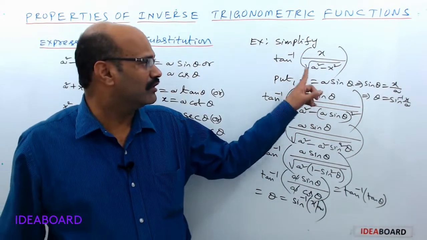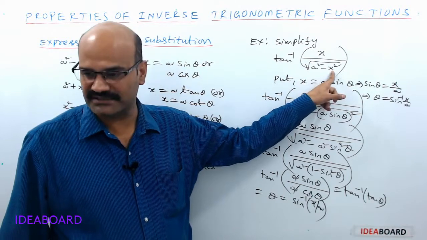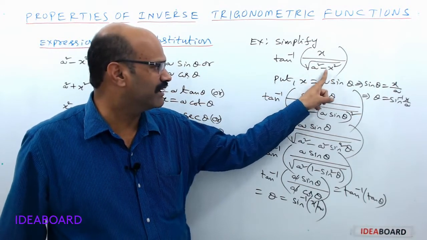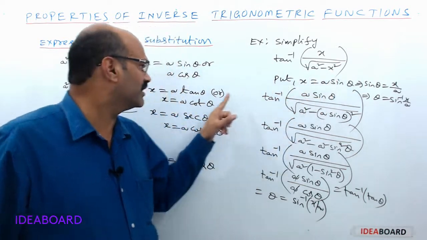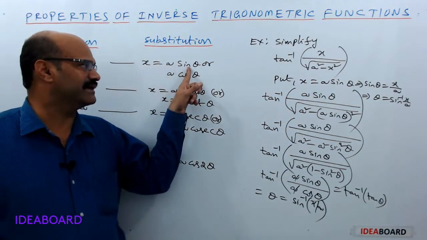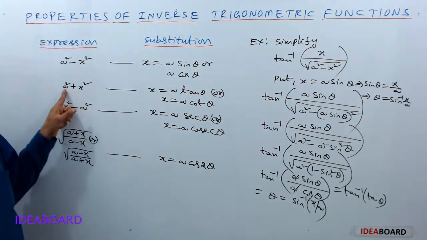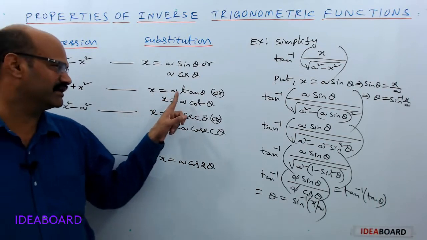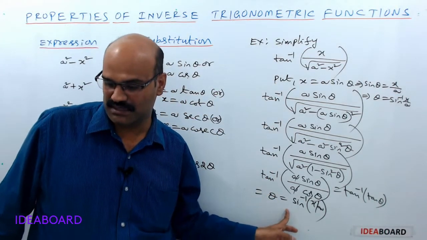So, whenever you want to simplify tan inverse of x by root of a square minus x square, here we have to identify we have a square minus x square. Whenever we have a square minus x square, we have to take x equal to a sin theta or a cos theta. Whenever you have a square plus x square, you have to take x equal to a tan theta or a cot theta, then we have to simplify.